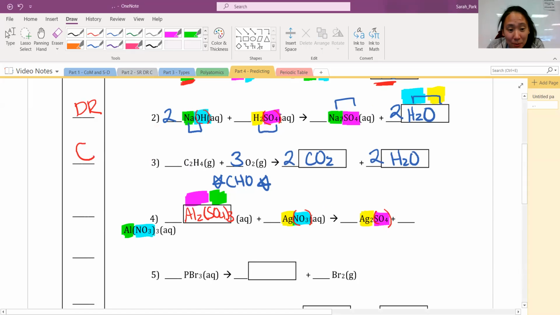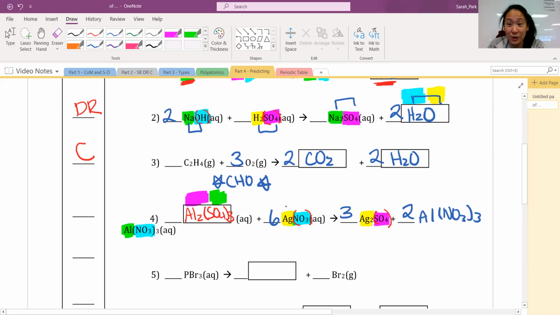For example, if I already gave you these numbers, like Al(NO3)3, and I put a 2 here and a 6 here and a 3 here, then the only one that actually balances out is this one. Because the other one, no matter what you do, it's not going to balance out. You're going to keep getting the wrong number.